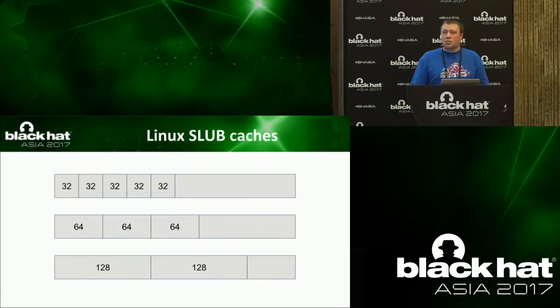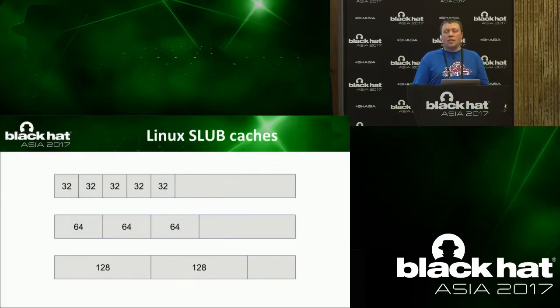This slide briefly shows what slab caches are available. For example, if your kernel code requests some memory, let's say 28 bytes, using the kmalloc function, what the kernel actually does is round up to the nearest available slab cache where there are free chunks.